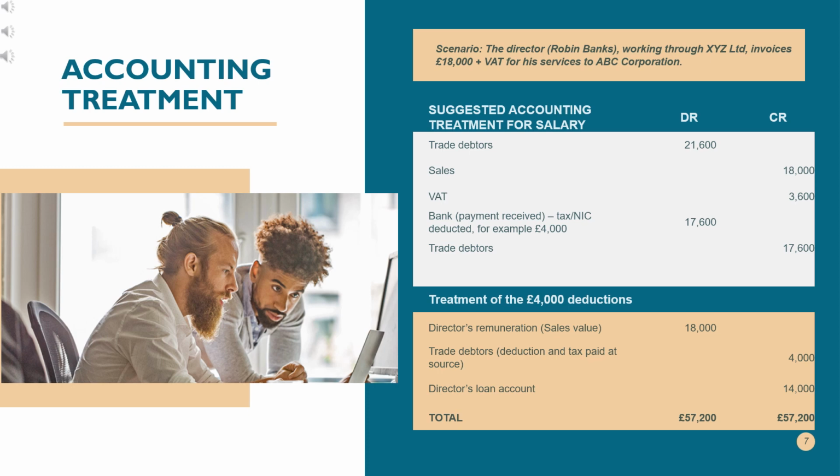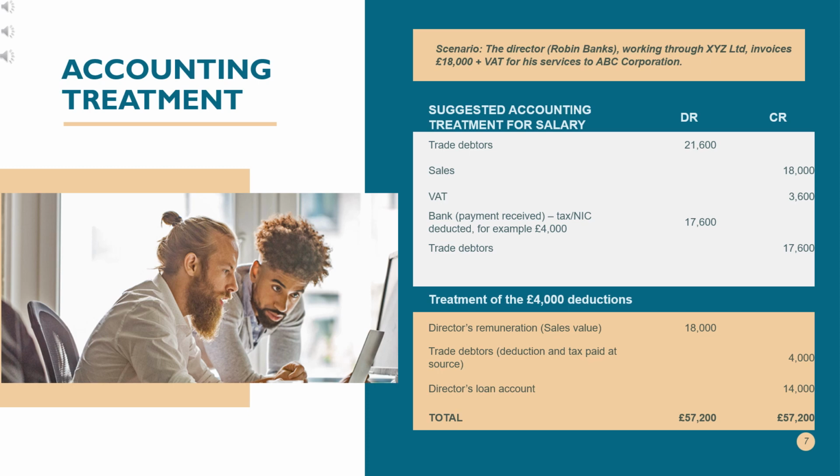The first thing he needs to record is sales of 18,000 as normal. The VAT now goes to his VAT account. He still has to do a VAT return. Trade debtor now becomes 21,600 in the books.